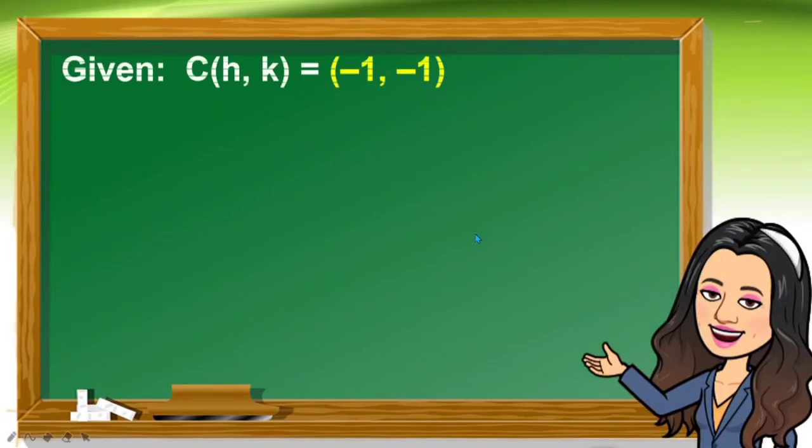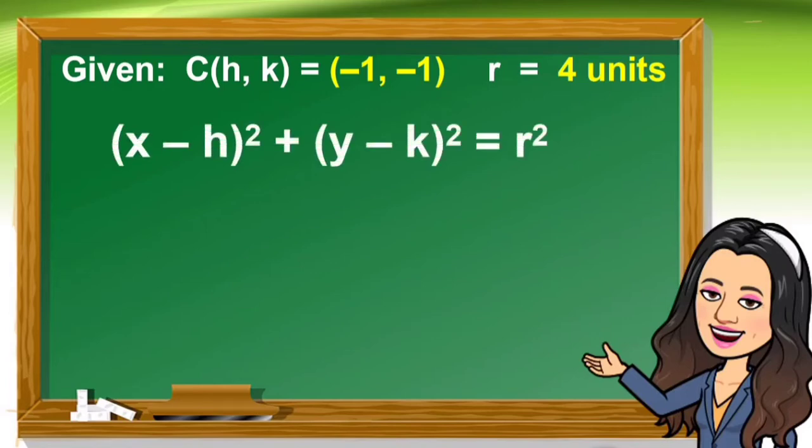On our given problem, the center is at point (-1, -1), and the value of the radius r is 4 units. Recall that the standard form of the equation of the circle, wherein the center is not at the origin, is being defined by the square of the quantity x minus h plus the square of the quantity y minus k is equal to r squared.